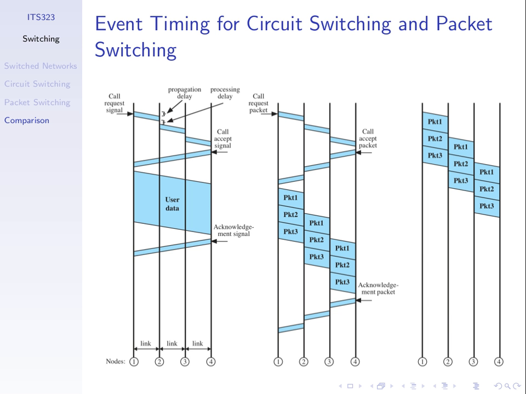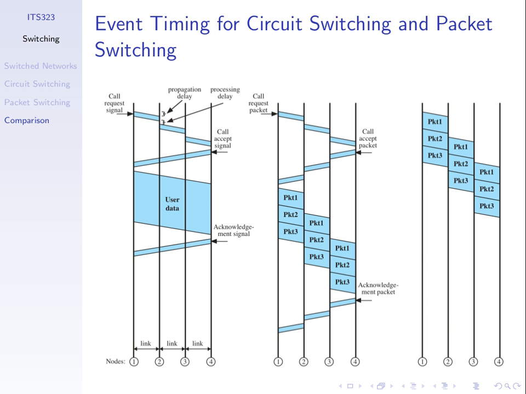With circuit switching, we don't have to wait or process anything at the intermediate switches. It just passes straight through those switches. So it's as if we have a link from source node through to destination node. The delay simply depends upon the transmission plus propagation across all of those links.